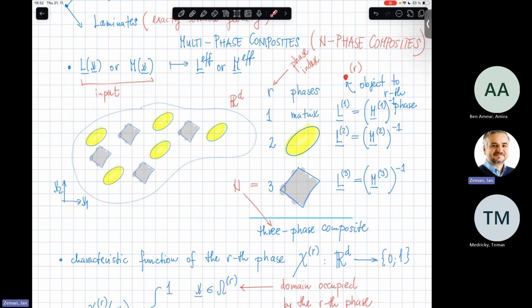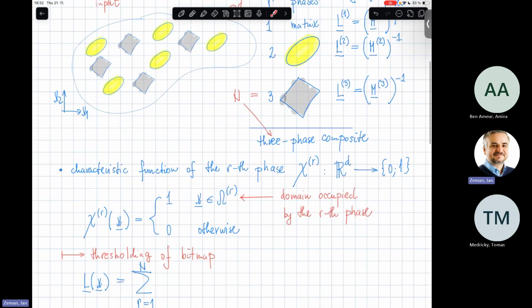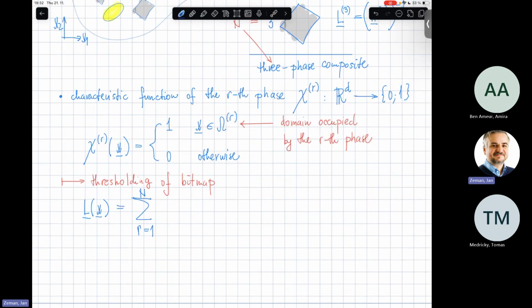So in LaTeX it would be written in this math mode. Now the expression which I have is that I have my phase characteristic function in a given point, and I will just multiply it by the phase properties L r.